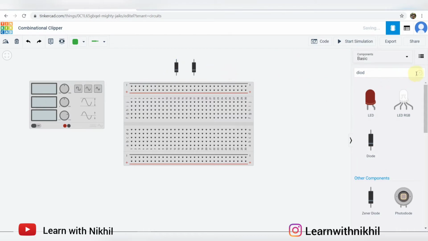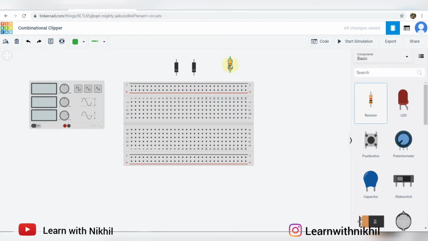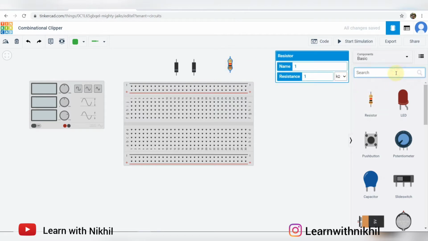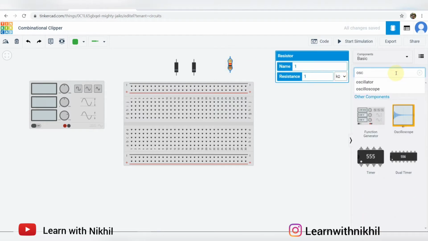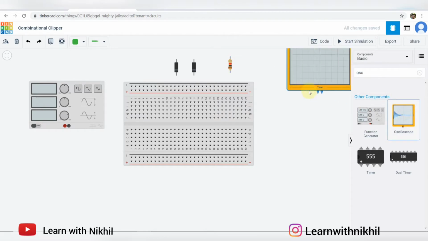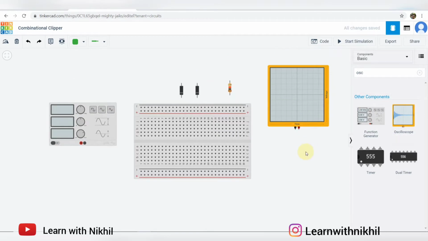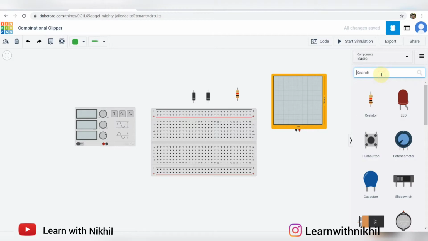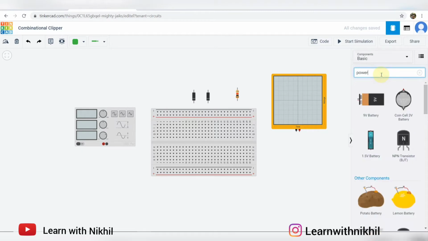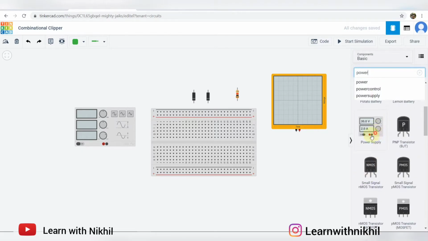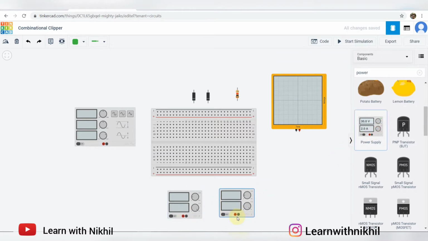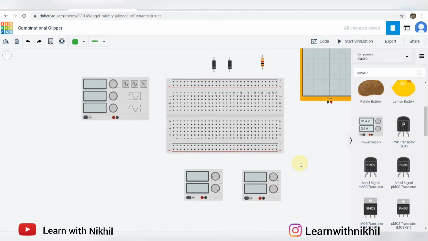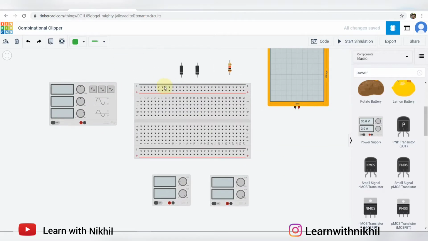Copy paste. We'll require a resistor. For output, we'll require an oscilloscope. We'll require two power supplies also. This is DC power supply. Just a few components you'll require.